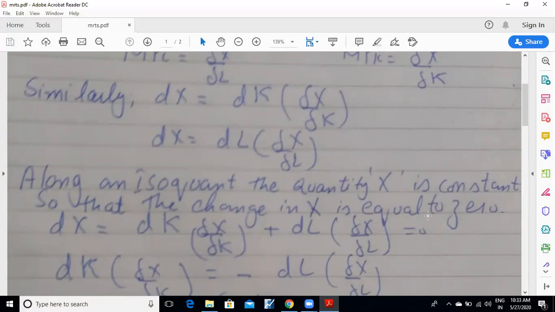If you increase one input and decrease the other, output stays the same, so dX will be equal to 0.